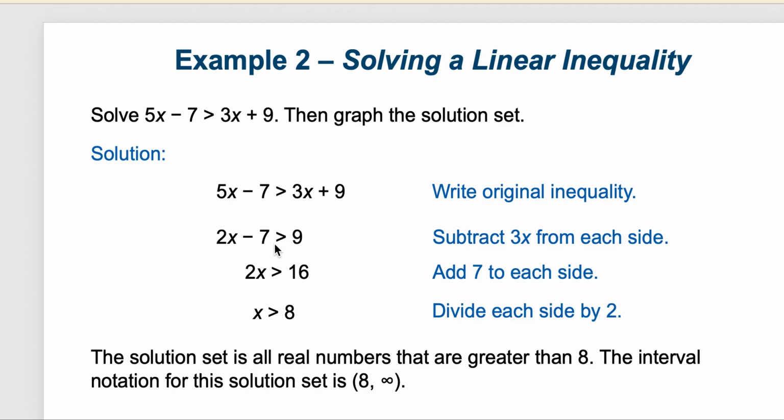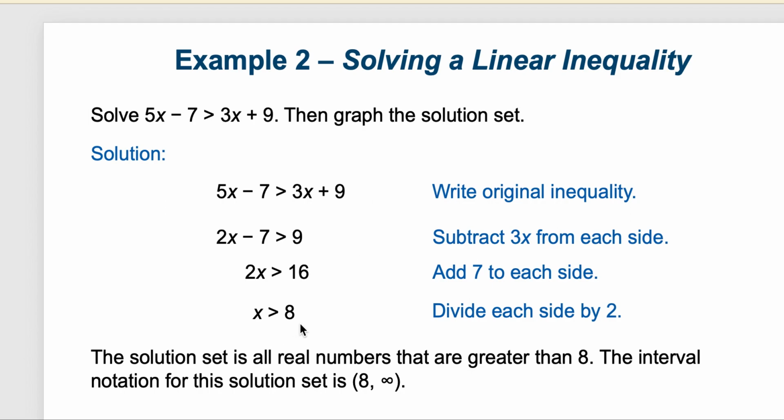So when you do that, this 7 will vanish, and on this side you'll have 16. And now again, since we just want the x on this side, we're going to divide both sides by 2. And if you do that, you have x is greater than 8. So now our solution set for this inequality is all the real numbers that are greater than 8.